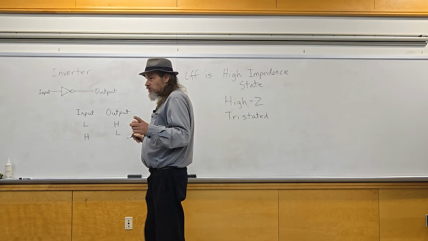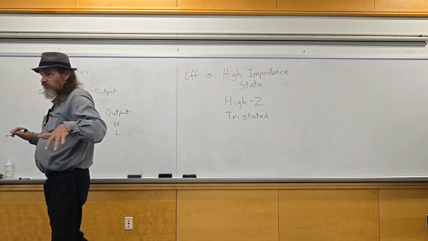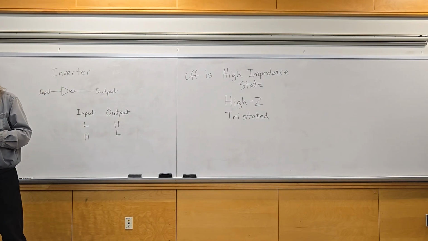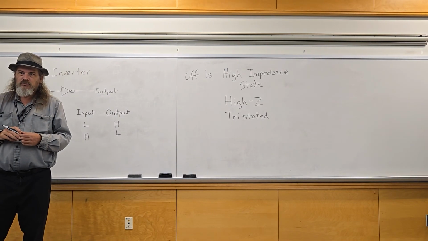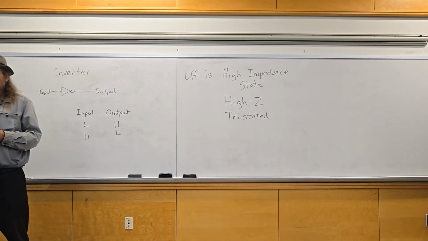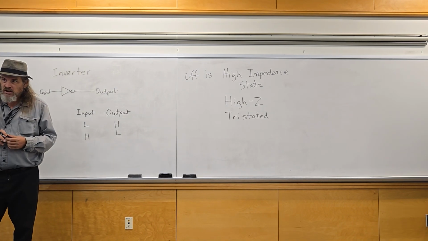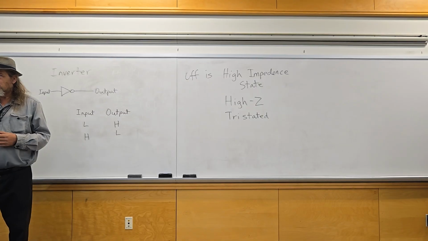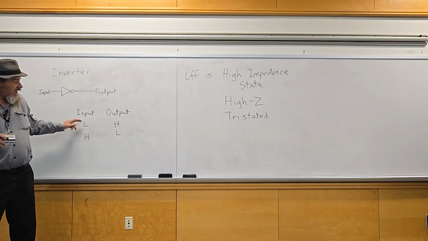And that does have use in some systems, when a line is going to be shared by multiple devices. The devices that are not being used are tri-stated, so they don't influence the wire, whereas the active device will have either high or low.